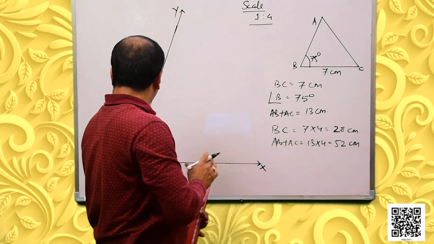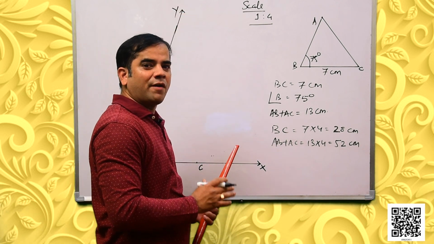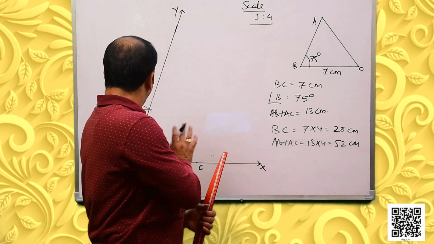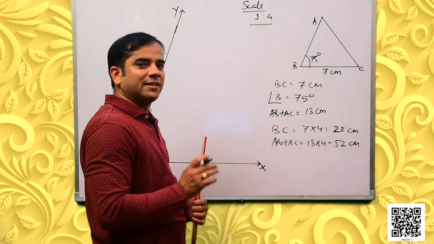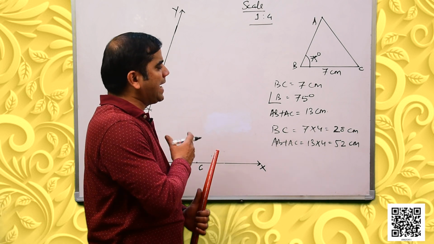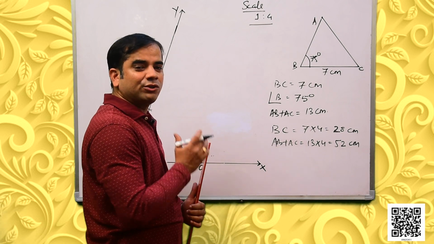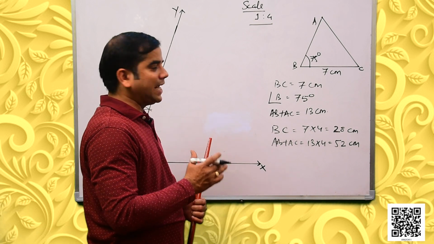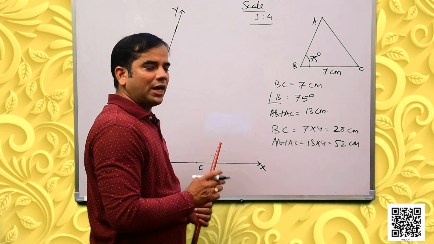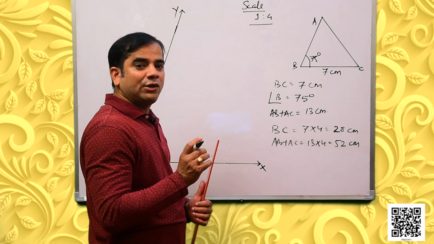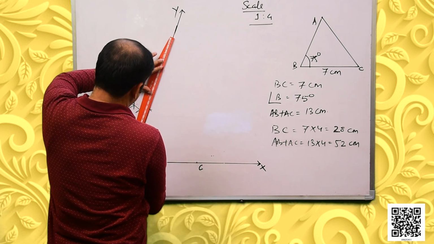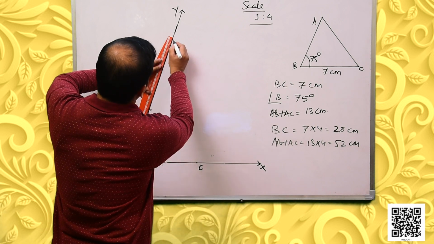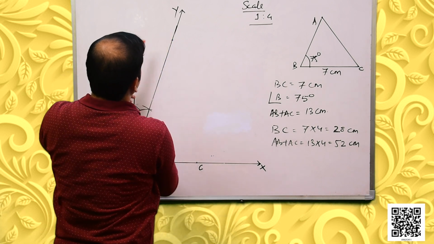What next? We need to cut the value of AB plus AC from point B to get point D. In your case it is 13 centimeters, and in my case it is 52 centimeters because I am taking the scale as 1:4. So let me cut 52 centimeters.